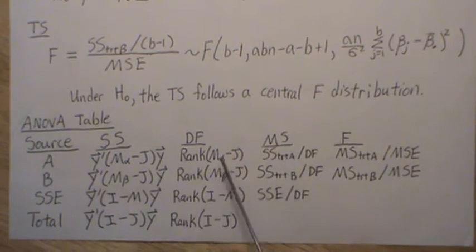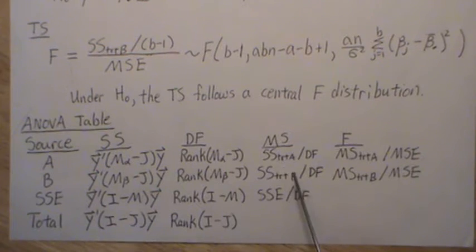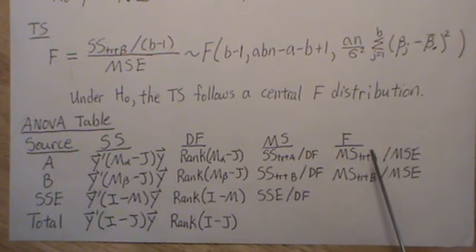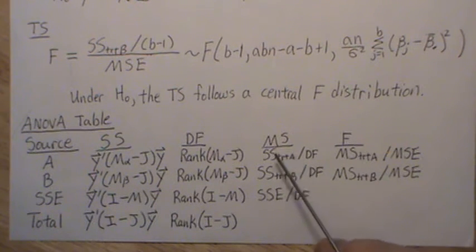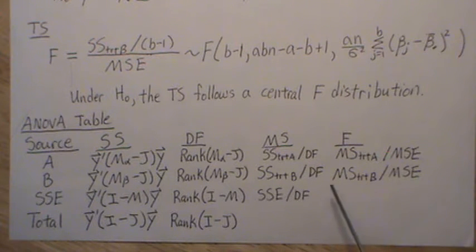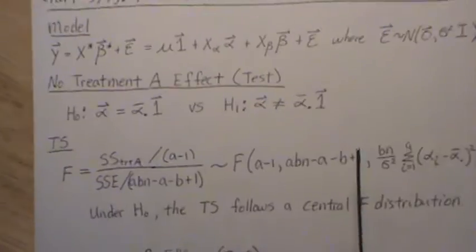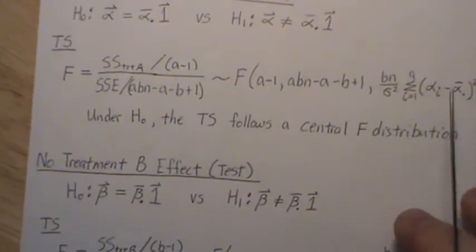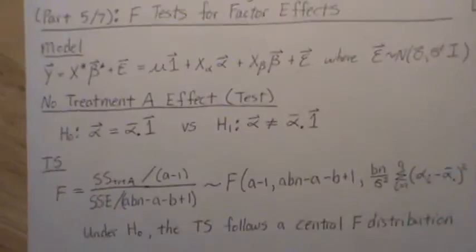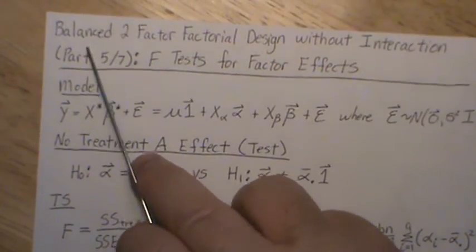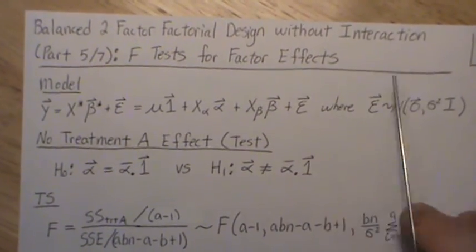Now, the mean square is the sum of squares divided by its degrees of freedom in each case. And then the F test statistic is the mean square divided by the mean squared error. That's what this is. And the same way for this. Now, notice that in this test, we didn't talk about type 1, type 2, type 3, etc. And that's because it's balanced without interaction.